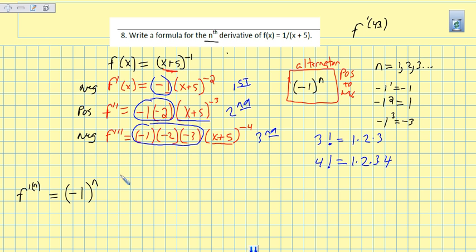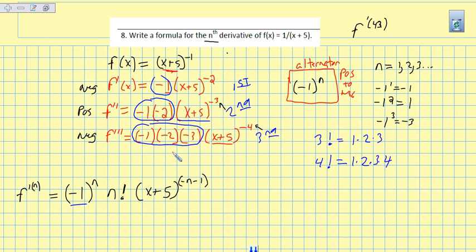We've already taken care of the signs by this guy right here. So this is n factorial, which is the exclamation point. And the rest of the function is just x plus 5. So if I'm on the third derivative, what does my exponent equal? Negative 4. If I'm on the second derivative, it equals negative 3. So if I have a negative n, subtract 1, that should satisfy the rule.